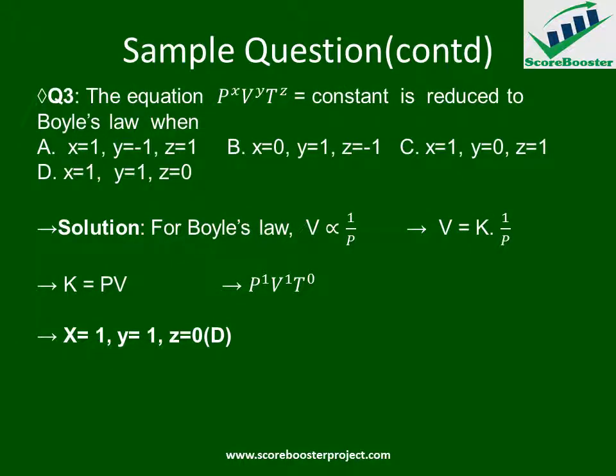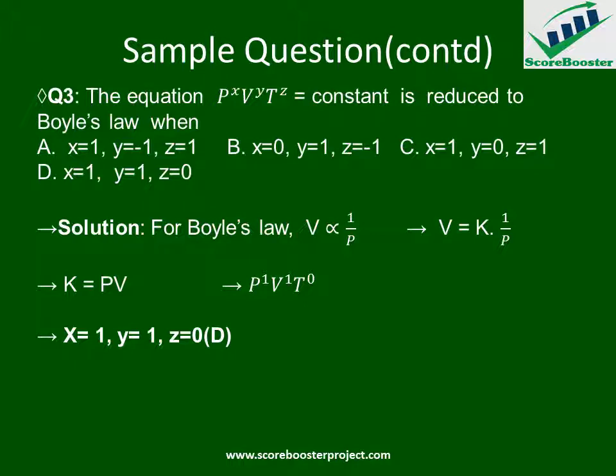Now the next question we shall be considering goes thus: the equation p raised to power x, phi raised to power y, t raised to power z equals constant is reduced to Boyle's law when, I repeat the question, the equation p raised to power x, phi raised to power y, t raised to power z equals constant is reduced to Boyle's law when: option A says x equals 1, y equals minus 1, z equals 1.